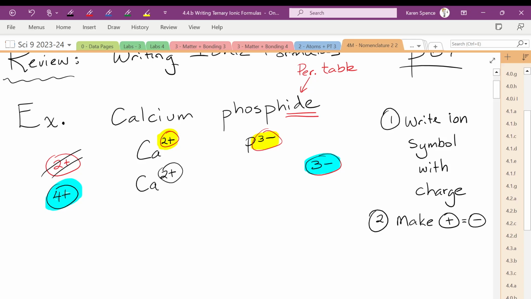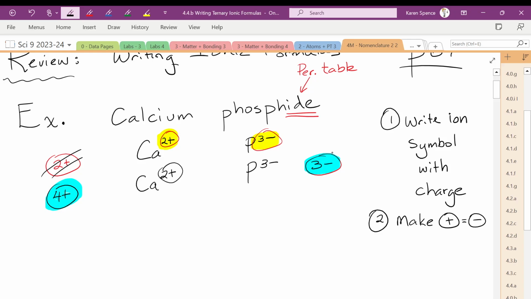No. Therefore, which one do we need more of now? Do we need more positive or more negative? We have 4 positive and 3 negative, so we need more negative. So let's add another negative ion. Let's add a phosphorus, and its charge is 3 minus.